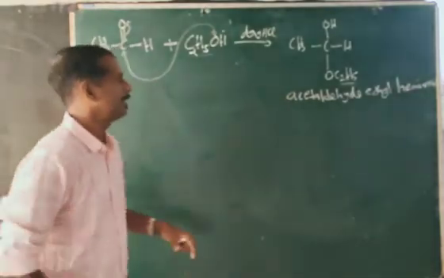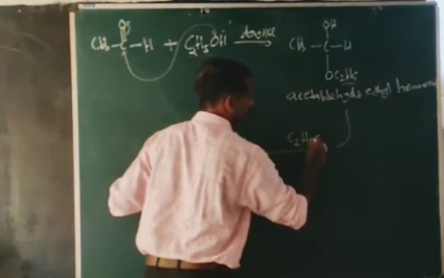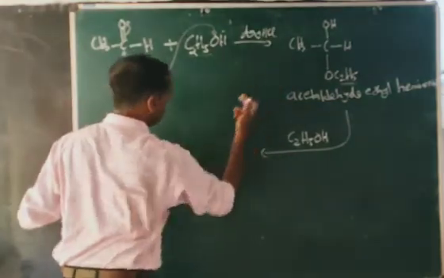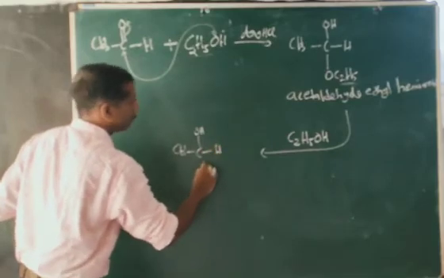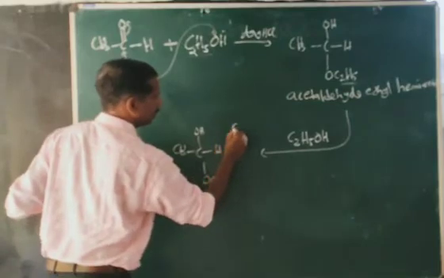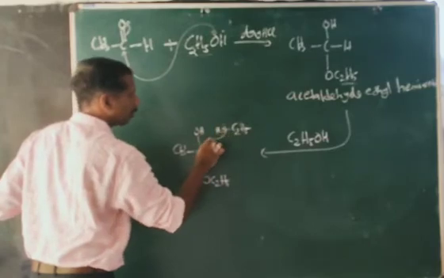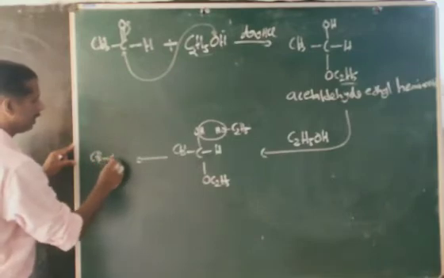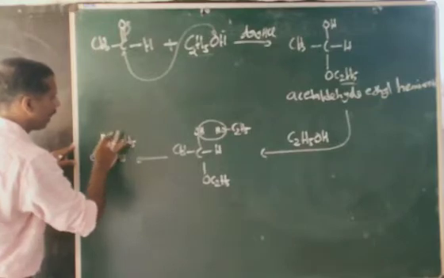Again, this will react with another molecule of C2H5OH. How is this reaction happening? I am writing the same structure once again: CH3, C, H, with OC2H5, and here you can see C2H5OH. H2O will be eliminated, and we get a structure like this: CH3CH, with OC2H5 here and OC2H5 here also.